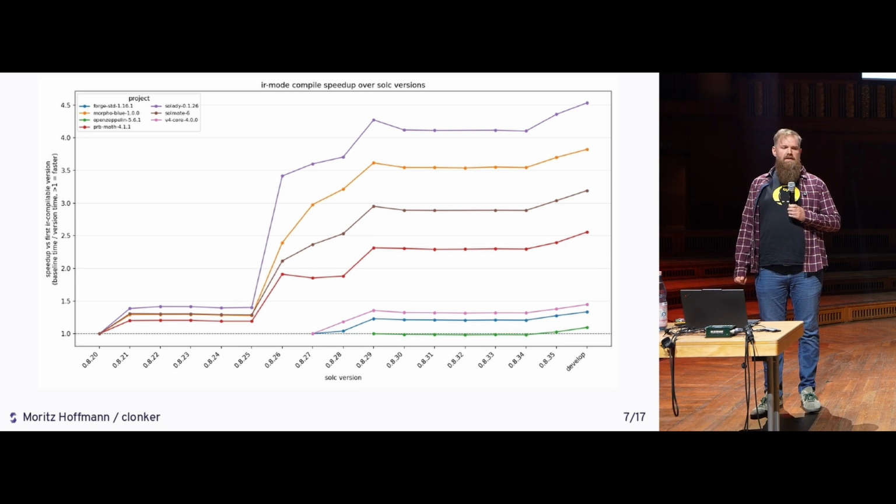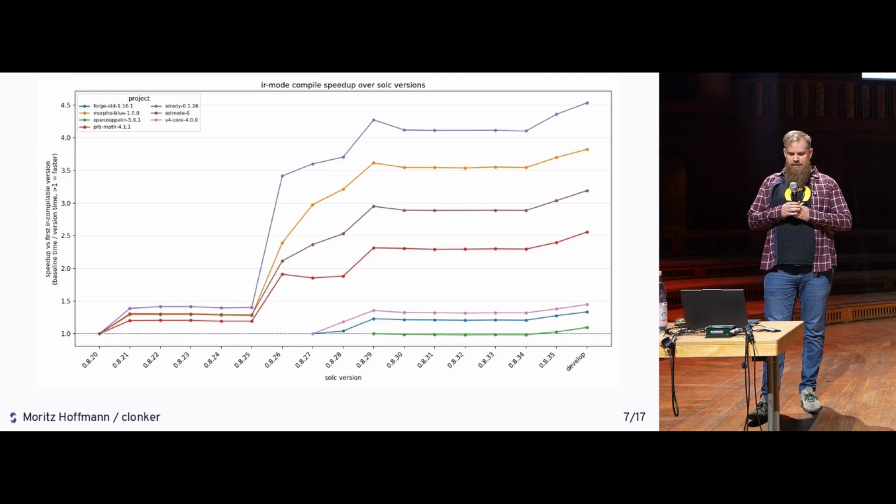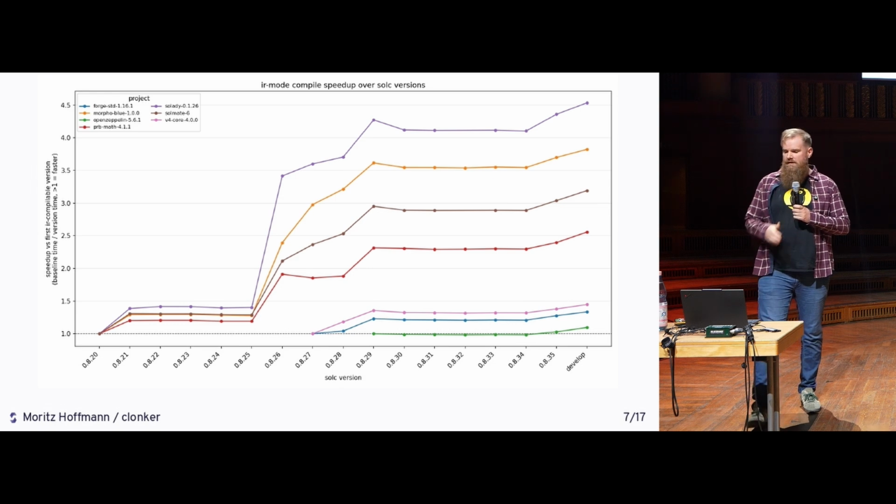And since then, we have improved the performance quite a bit, up to 2 or up to 4 times the performance we had back then. Still, it's too slow though. And as this graph already shows, different projects have different speedups. So in the end, it's all a question of access patterns, how do I optimize what, and figuring out where the bottlenecks are.